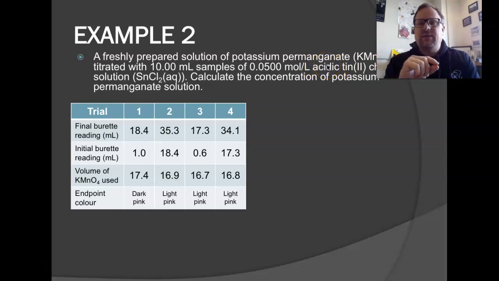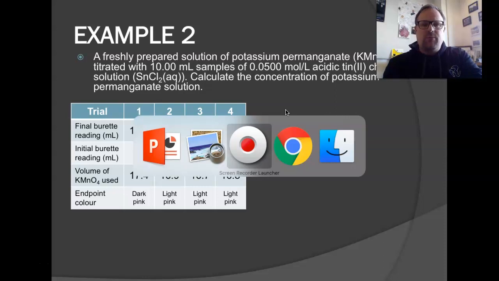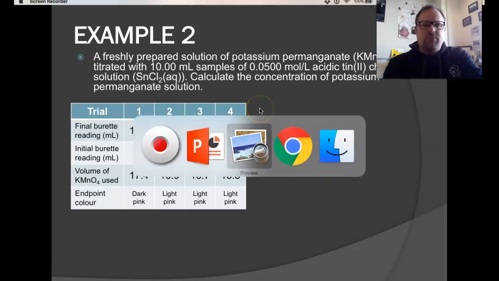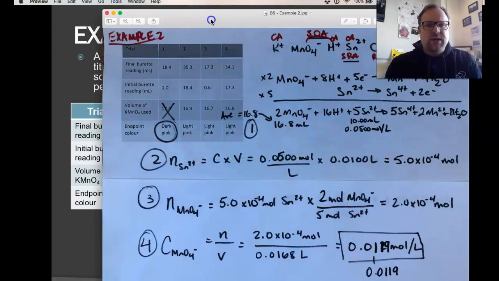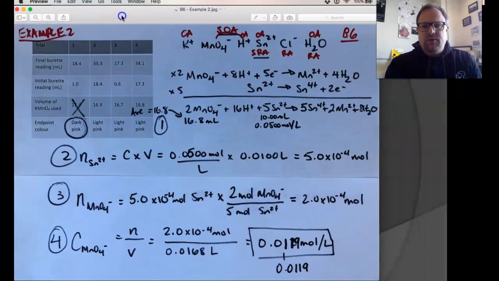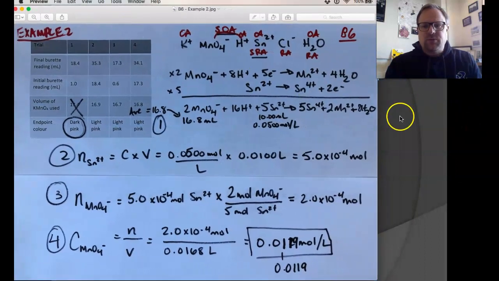That tells you we need to have acid involved somehow, hydrogen ions. If you just wrote this down as potassium permanganate and tin chloride reacts to form, you're just doing a double replacement and you're missing what's going on in this reaction. Okay, so our first step is going to be really important, and I'm going to jump to that right now, and we're going to see how that works. So slide everything over, give ourselves lots of room to work.